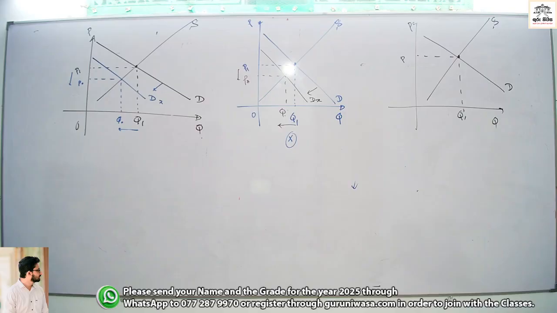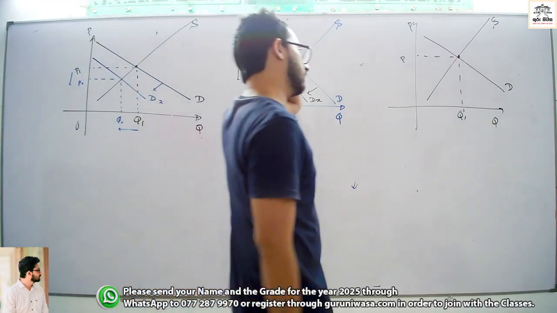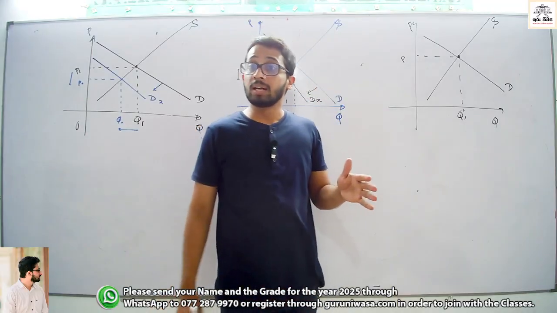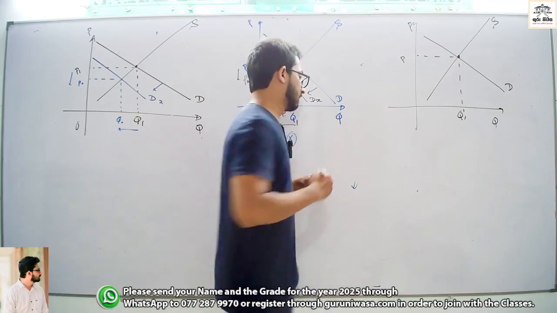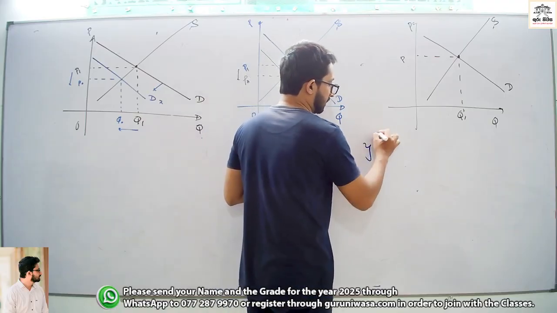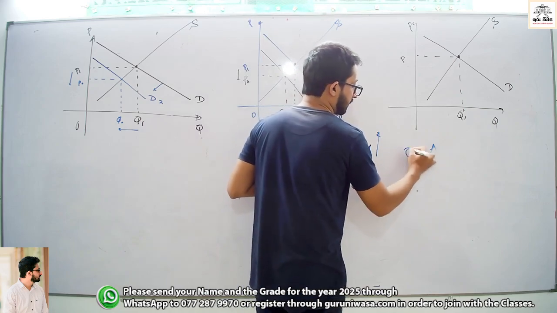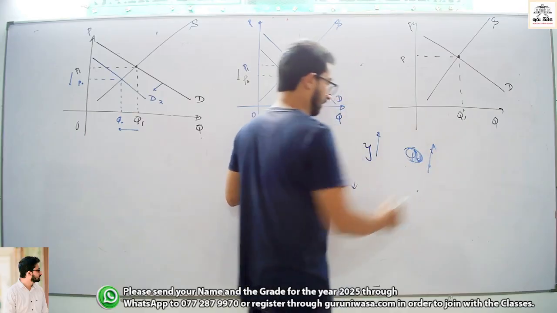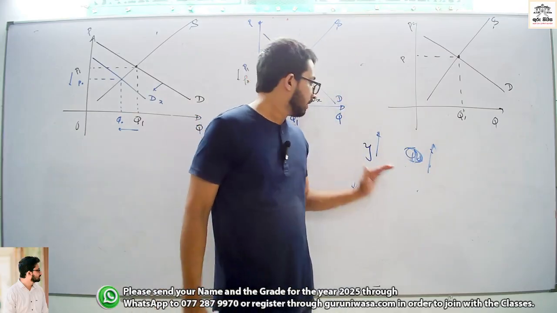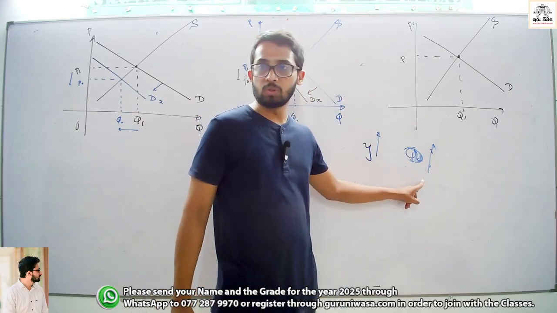If it is a normal good, when income increases, people try to buy more of that good. When income increases, demand increases.